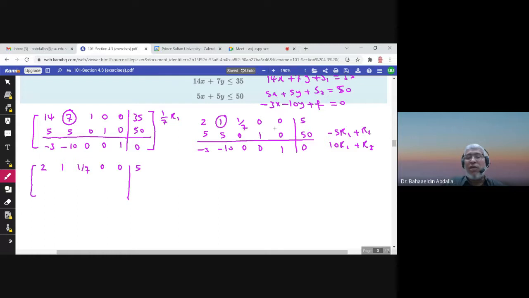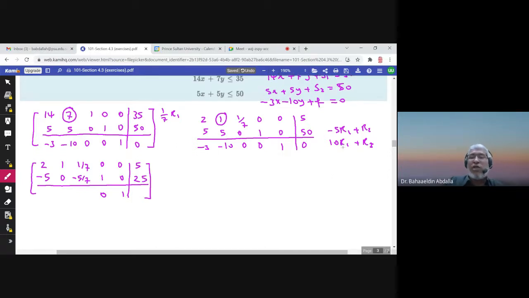Now notice that these are zeros, so any numbers below them will not change by these two operations. Let us do this operation. Negative 10 plus 5, that's negative 5. Negative 5 plus 5 is 0. Negative 5 over 7 plus 0. And negative 25 plus 50, that's 25.